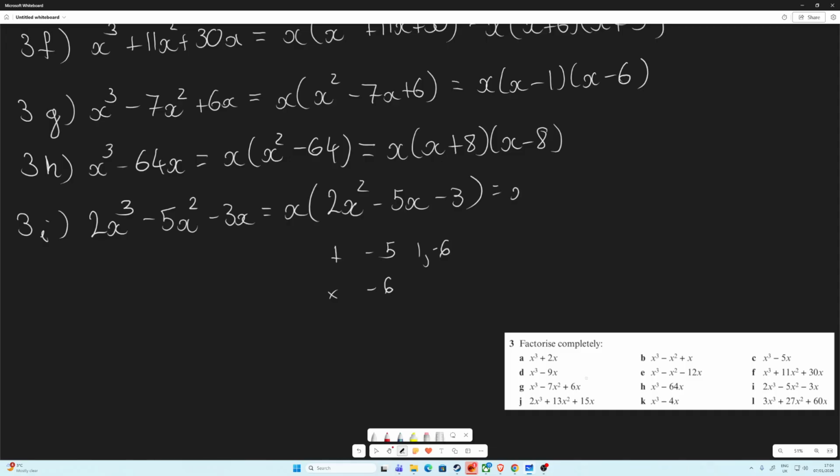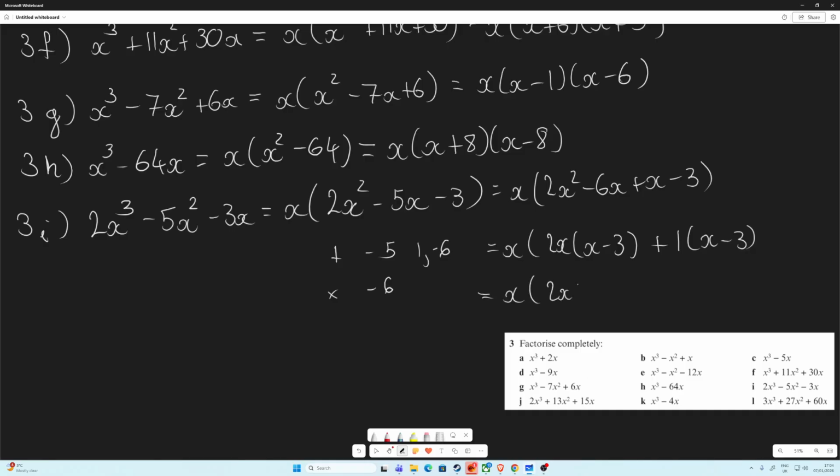So that equals x into 2x squared minus 6x plus x minus 3, which is x into 2x times x minus 3 plus 1 times x minus 3, which is equal to x into 2x plus 1 into x minus 3.